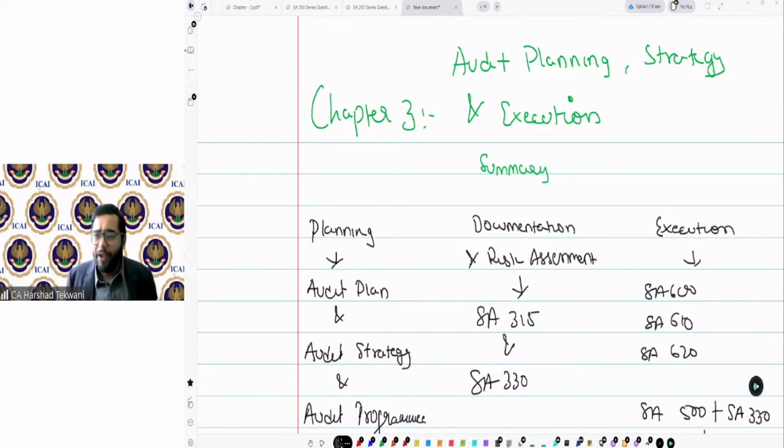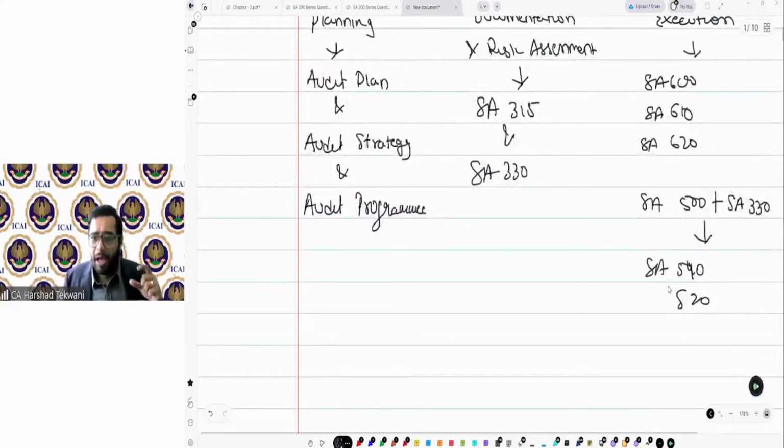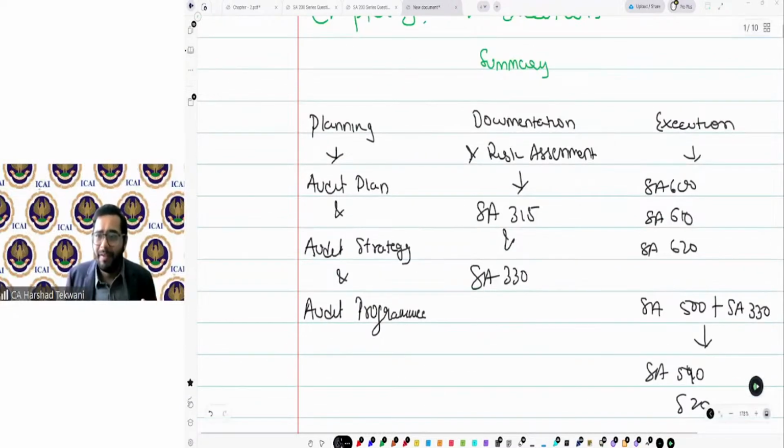Let's say, for example, SA 315. A question can be based on SA 315. Some might ask whether it is from chapter 3 or chapter 4. It can be in both. So you need to understand what the topic is. Topics can be interrelated between chapters, and you will see that we have already discussed some portion earlier.